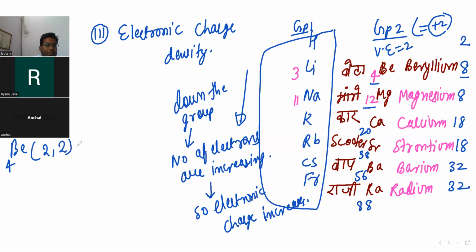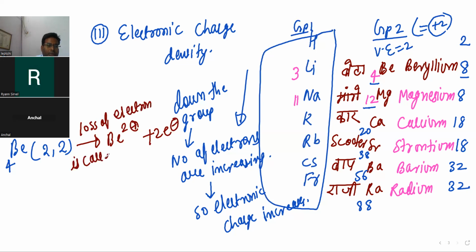Right. So this will lose the electrons. It will form Be2+ and 2 electrons will be coming out. Right. So loss of electron is called oxidation.